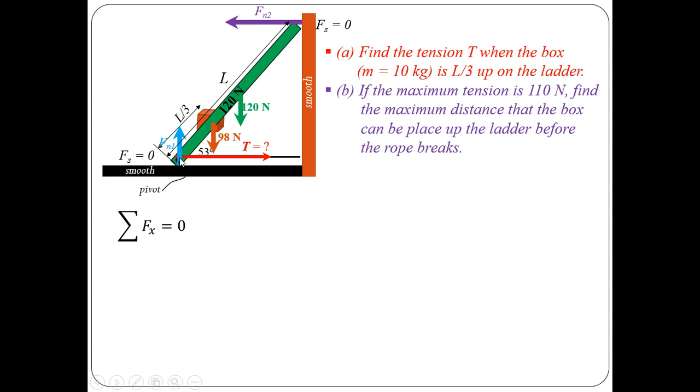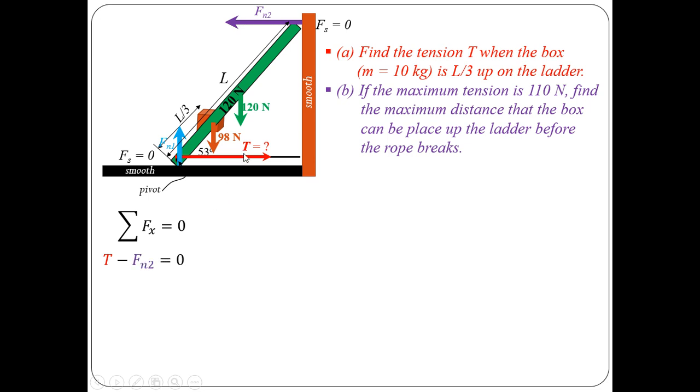You notice here in this particular strategy, I set up sigma Fx equals 0 because I know that T is pointing to the right, and in this whole entire schematic, there are only two arrows pointing in the horizontal direction. That's T pointing to the right, and that's F_N due to the wall pointing to the left. For the system to stay at rest, the magnitudes of these two vectors have to stay the same. So I can just make the statement.